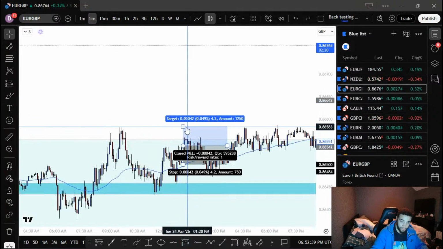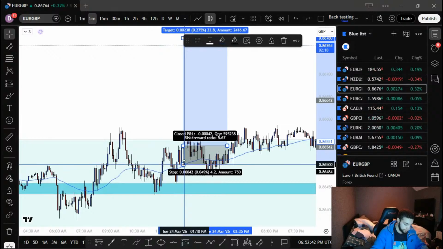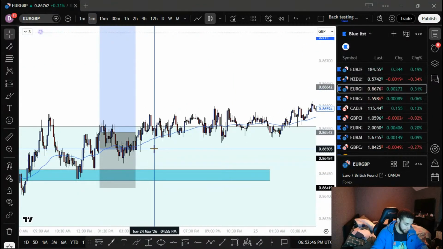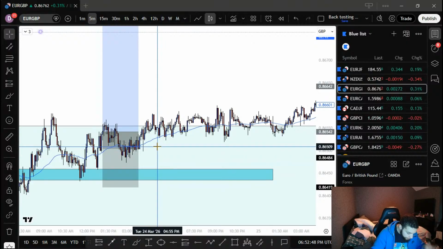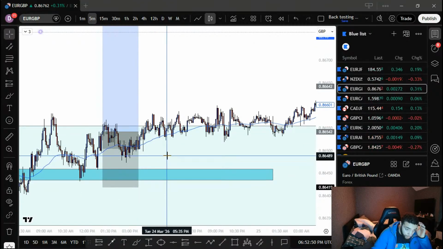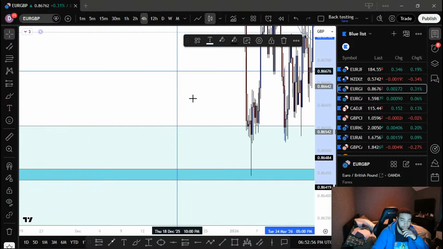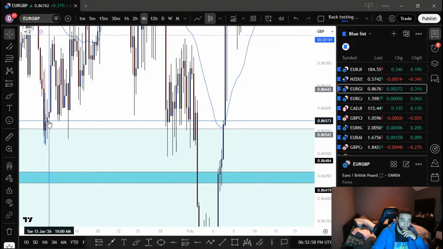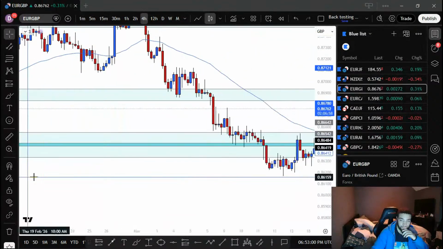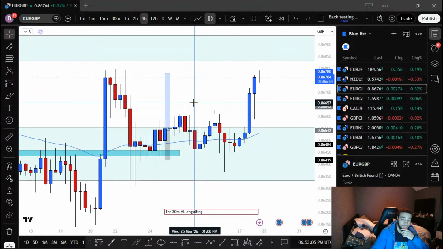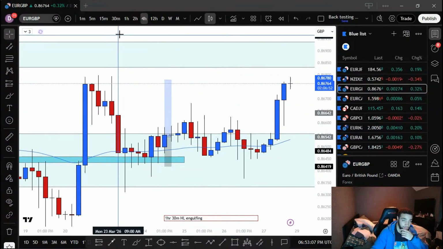Take profit was somewhere up above here. Stop loss was below here. Yeah, that's exactly where we took the trade. No, it wasn't that. Yeah, so again, we took this position.